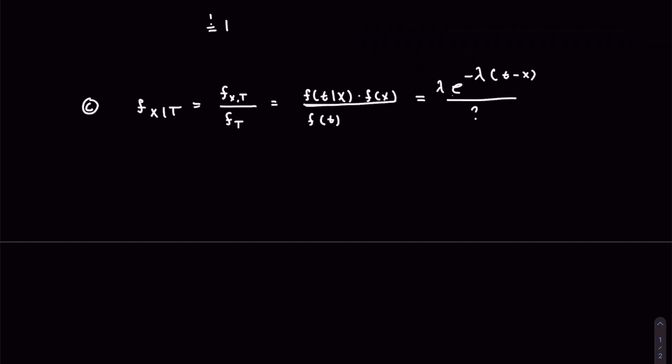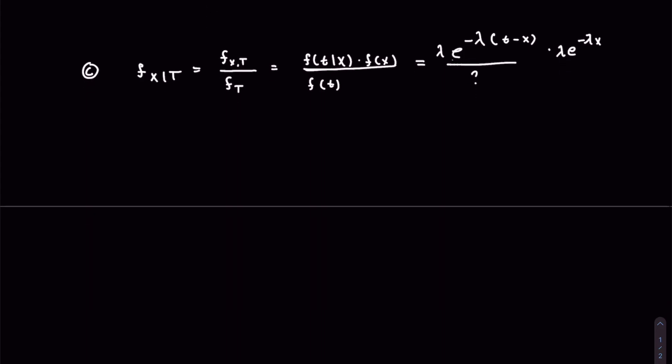And we know what the exponential is. The PDF of the exponential, minus lambda x. But we don't know what the PDF of t is, so this seems to be tricky. We can try to derive that, or we use a little trick, which is that we know that all PDFs have to sum to 1, right?